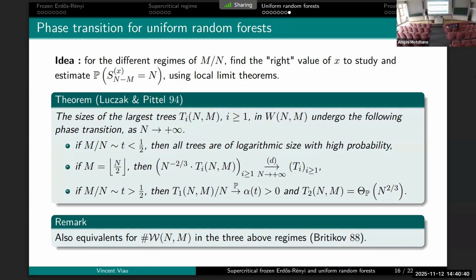And finally, like in the classical Erdős-Rényi model, you have the emergence of a giant tree. Here there is a small difference with the Erdős-Rényi case: there, the second largest component was of size log n in the supercritical regime, and here the second largest tree is of size n to the 2/3. So this is a bit different, but the idea is that we have a similar phase transition for the tree components in a uniform random forest.